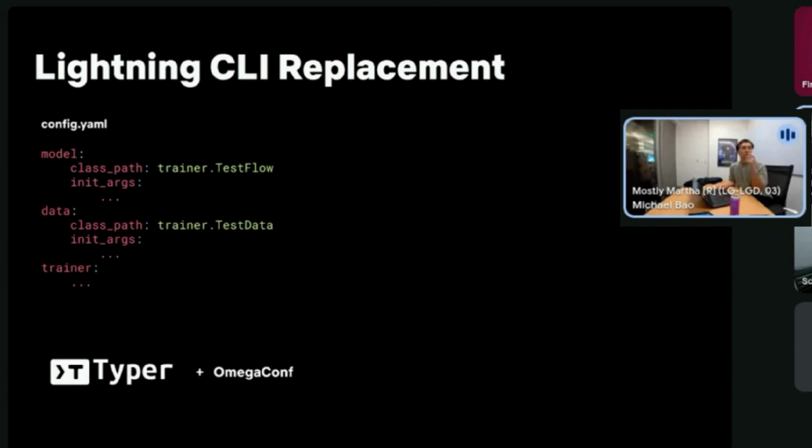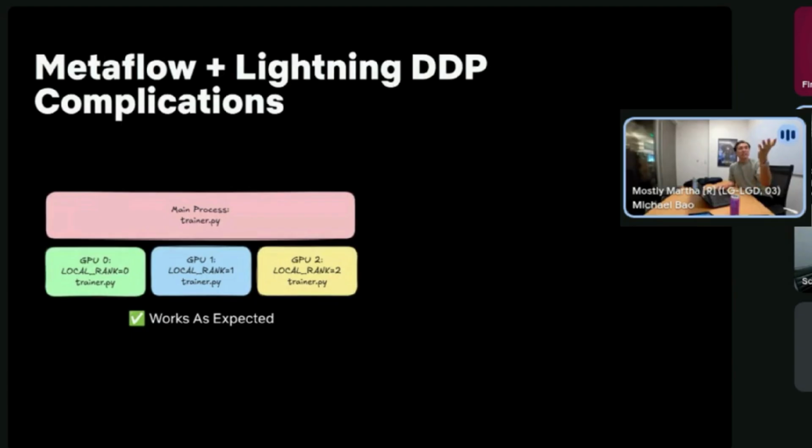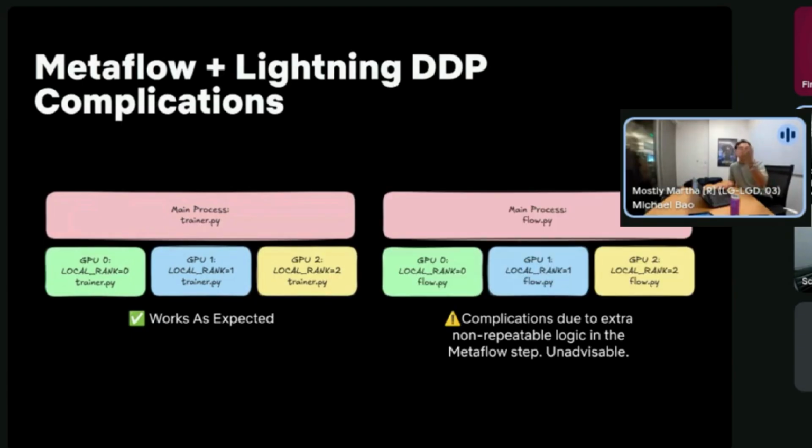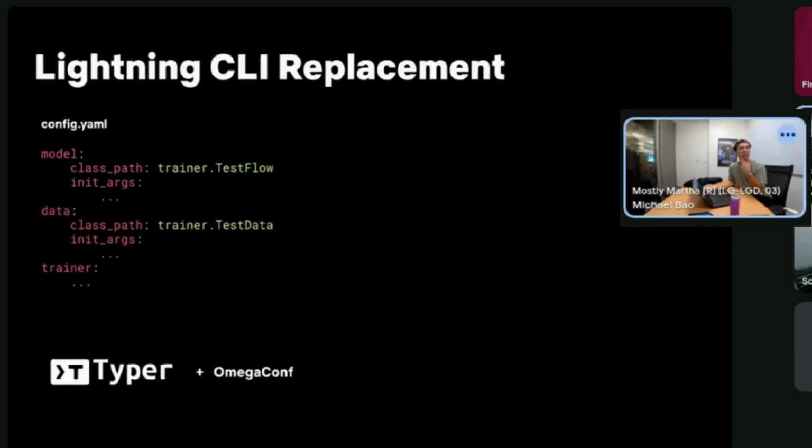Initially, the reason, as I was writing this talk, was that this was our setup, and I was like, oh, we can't have Lightning CLI because it reads from the command line, so it won't play nicely with Metaflow. And then as I was writing this presentation, I realized we could have just called the Lightning CLI script as a subprocess from the Metaflow flow. So that's just a fun little retrospective that I remembered.